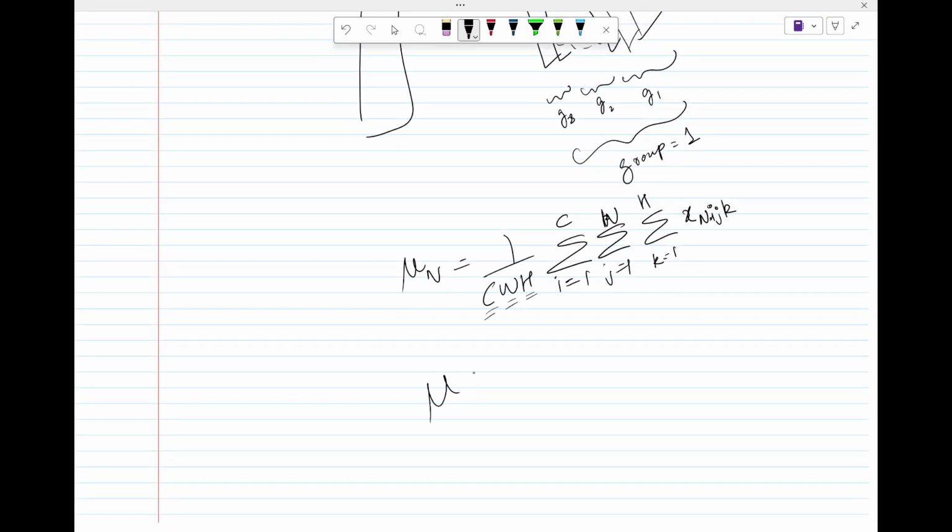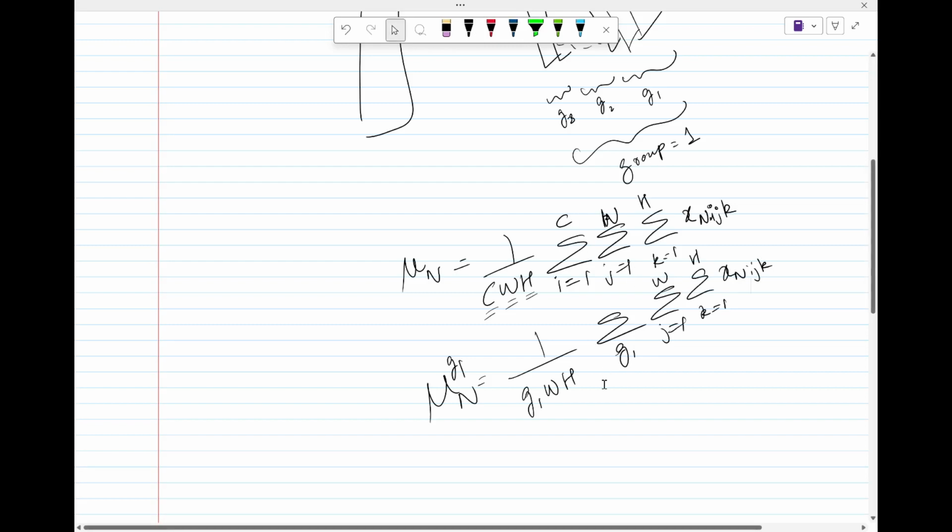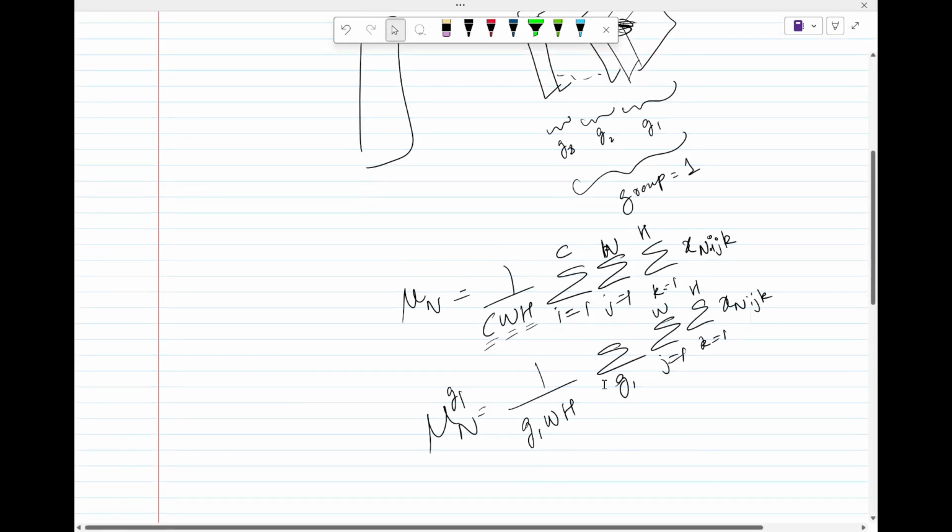But if it was group, then for each group you will have a separate one. So it will be size of G1 times W times H, summed over that group's channels, J equal to 1 to W, K equal to 1 to H. The size of that group.